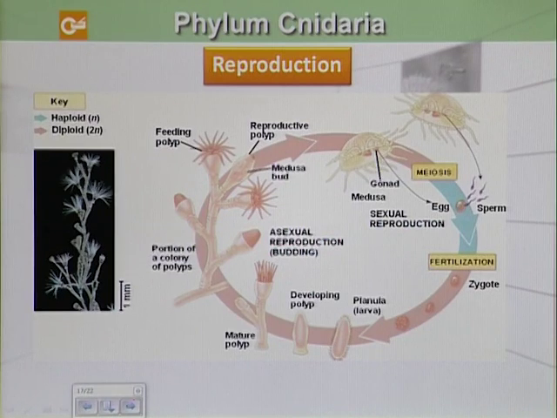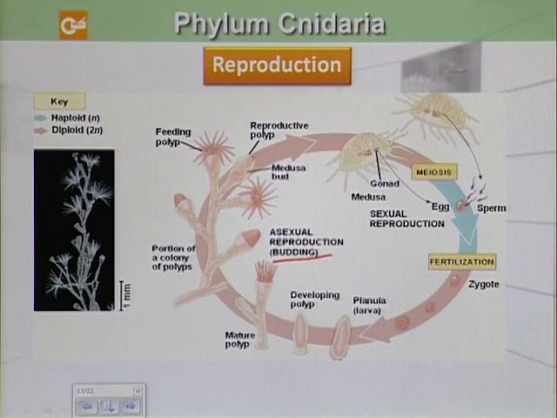Actually, there are two generations. One reproduces by sexual means and the other by asexual means. Often these two generations consist of one free living form and one attached stage. Therefore, the asexual generation and the sexual generation alternate with one another, and thereby it is known as alternation of generation.